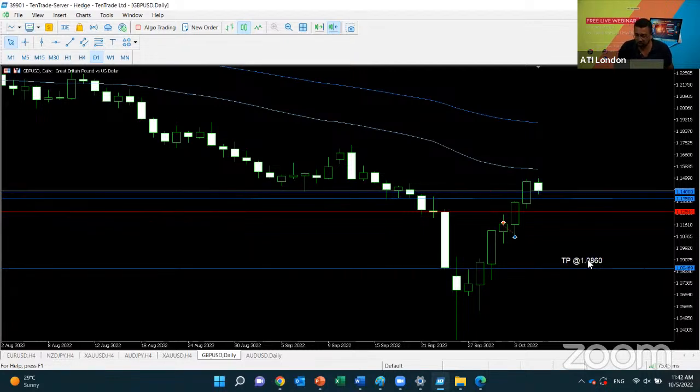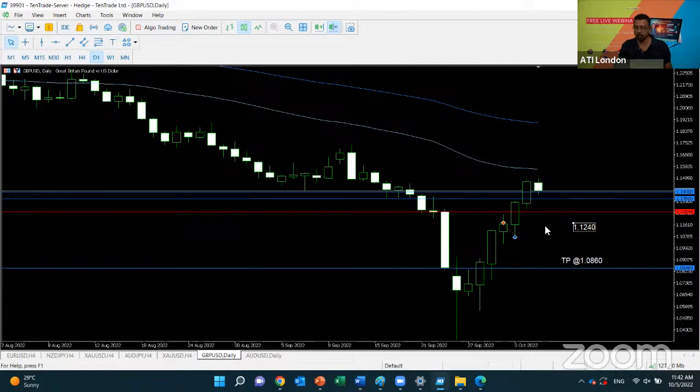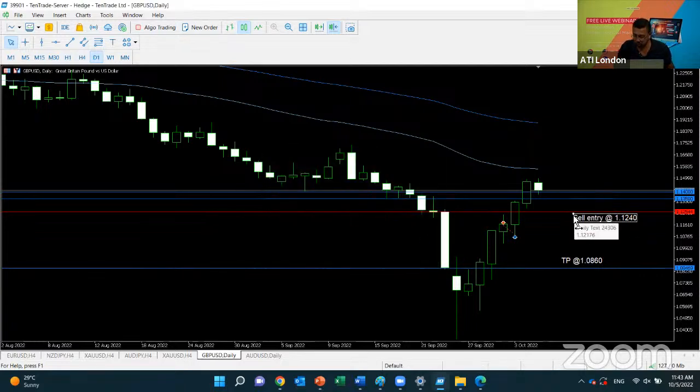So now the entry would actually be at 1.1240 instead. So there you go. I'll mark that at 1.1240, and that's basically it. So then I pull this one here, just mark that one there. Probably best for me to sell entry at 1.1240. Okay, there you go.